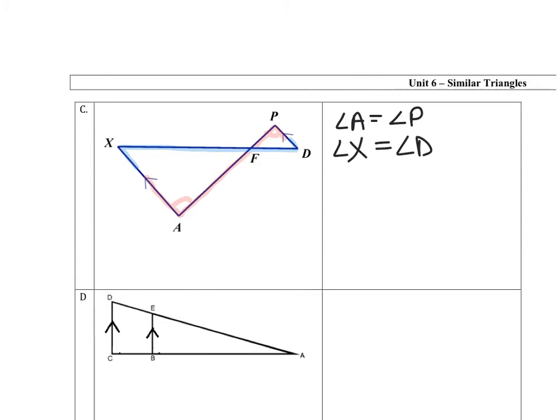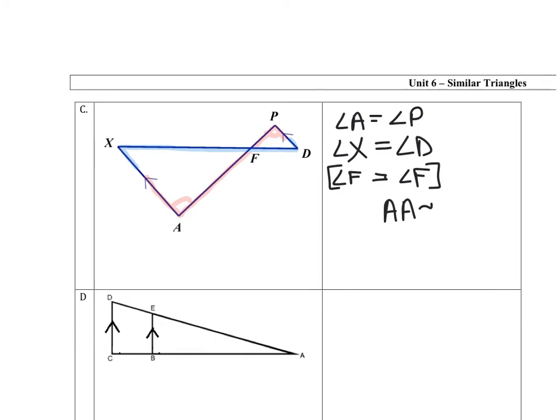And then the minute two angles are equal, the third one automatically has to match, because all three angles in a triangle have to add up to 180 degrees. So if you want to write angle F equals angle F, you can, but it's not really mandatory. I like to write it just so I can write my similarity statement in the next line. But this proof was angle, angle.